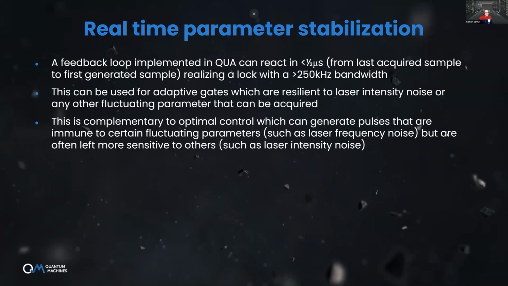So if you just take a feedback loop that doesn't have a lot of propagation delay in a lab, typical propagation delays in a lab are on the order of hundreds of nanoseconds. So let's assume this is smaller than that or negligible, and we take into account only the latencies associated with the OPX itself. The internal latencies for measurement are on the order of 200 nanoseconds, plus the time that it takes to do whatever calculation you want to do.